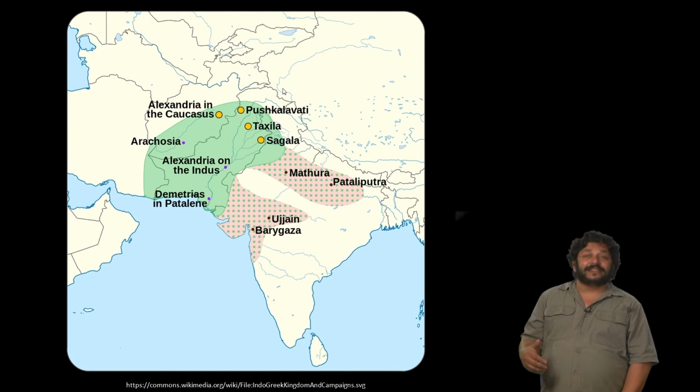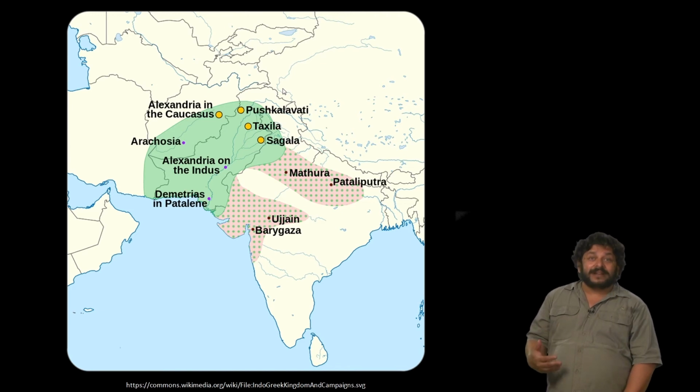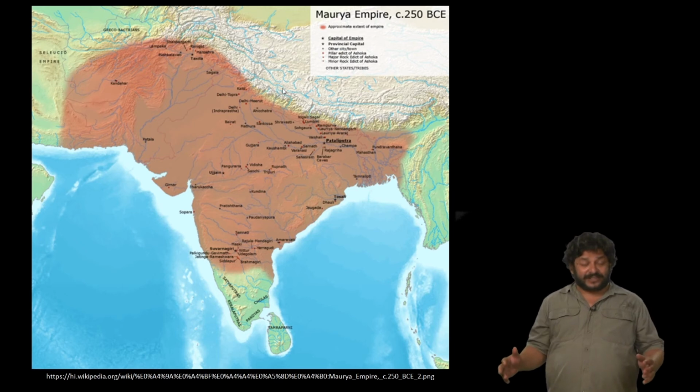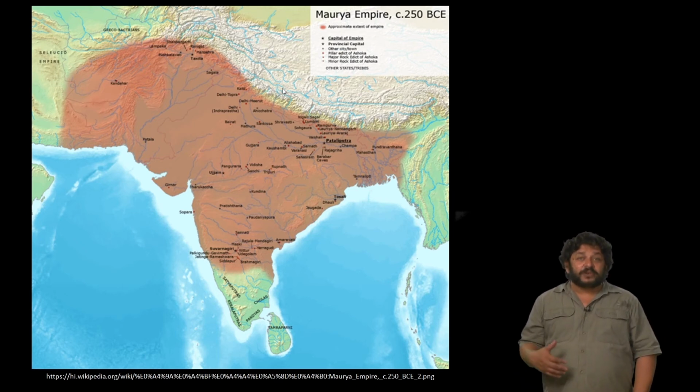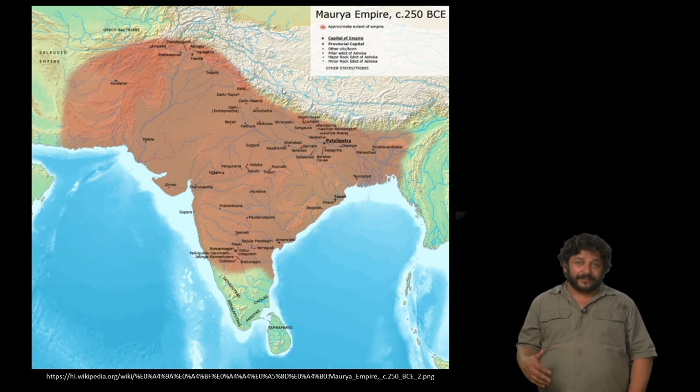The third generation, that is to say the grandson of Chandragupta Maurya, embraces Buddhism, but it is under him that the Mauryan Empire has grown to its largest. He embraces Buddhism because he is very disturbed by the battlefield that he sees after the war of Kalinga.